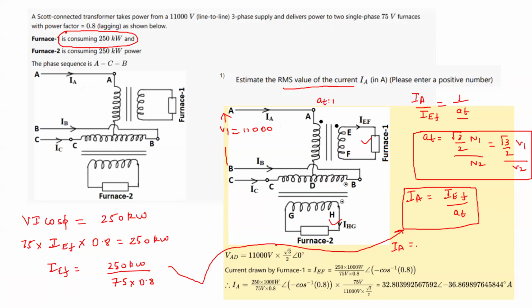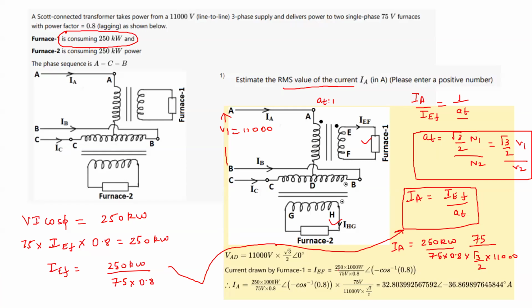IA is 250 kilowatt by 75 into 0.8, divided by root 3 by 2 into 11,000 by 75. You can calculate this and you will get the RMS value.